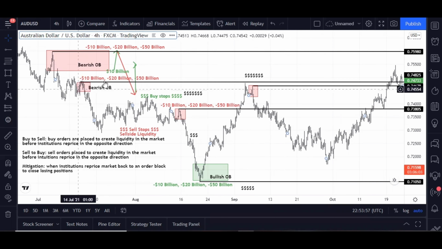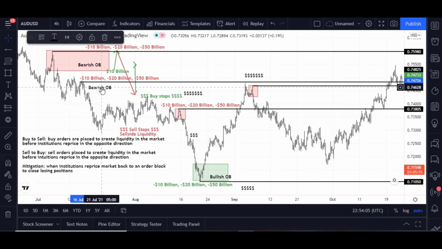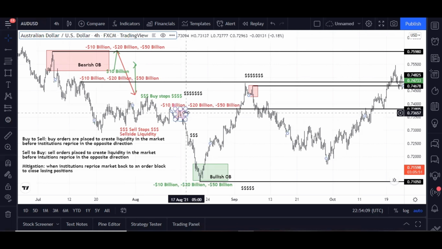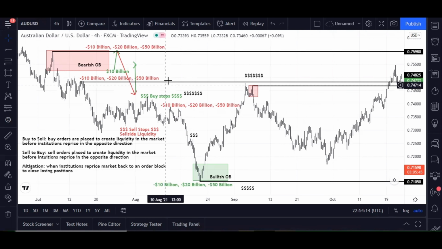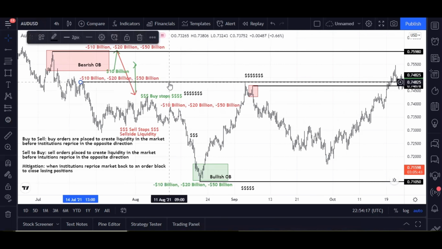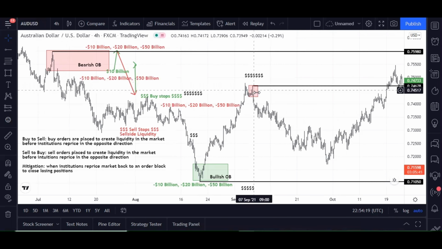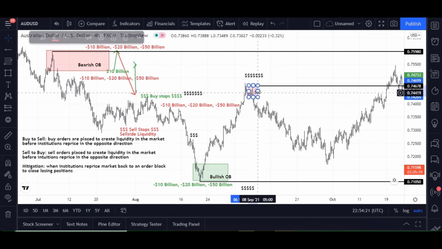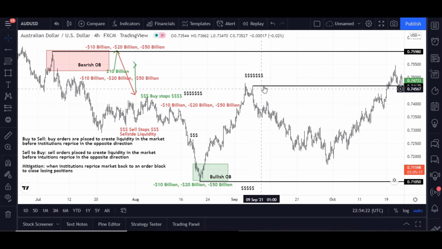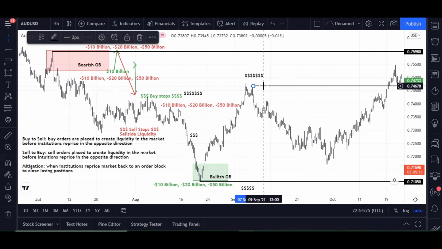Okay. So now we see that this order block is gone. You see this order block is gone, right? And this order block has been mitigated, right? It's not necessarily gone because it's still there, obviously, right?